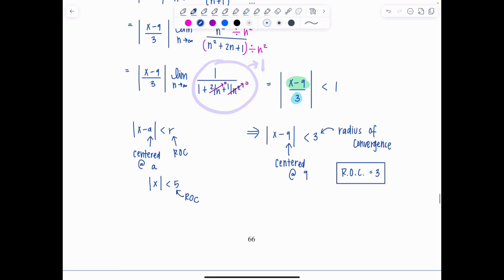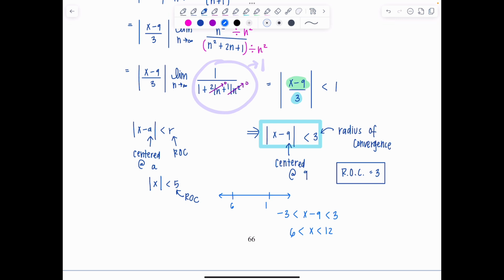If you were to take it further, rewriting this inequality without the absolute value bars is equivalent to saying -3 is less than x minus 9 is less than 3, which means if I add 9, x is between 6 and 12.